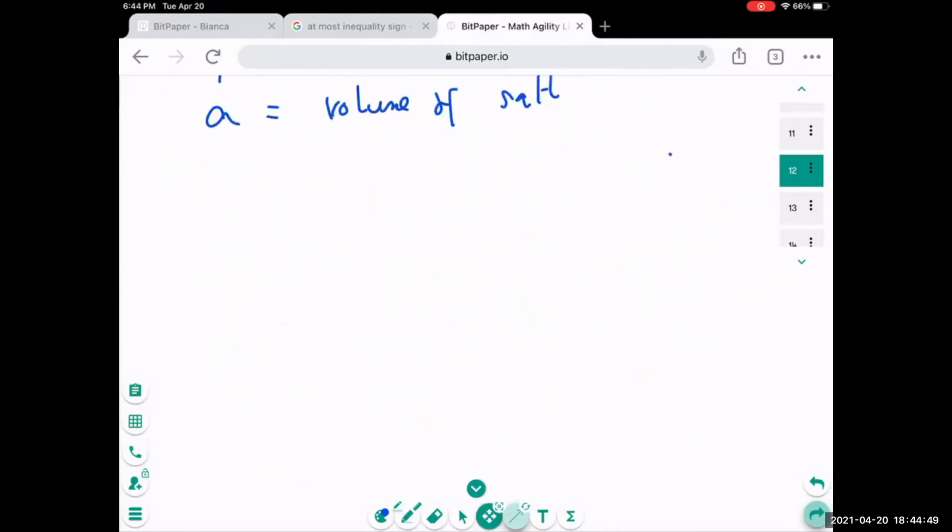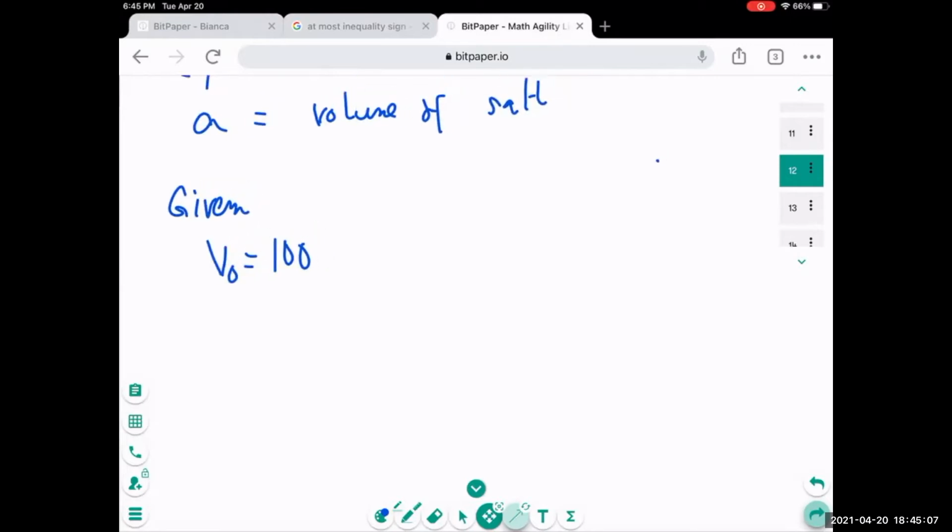So given, in this case, we have the 100 gallons, yeah, gallon is volume, 100 gallons of brine solution, and then we have a initially of 1 pound of salt, and then b is also 1 pound of salt per gallon, and then e and f, e is equal to f is equal to 3.